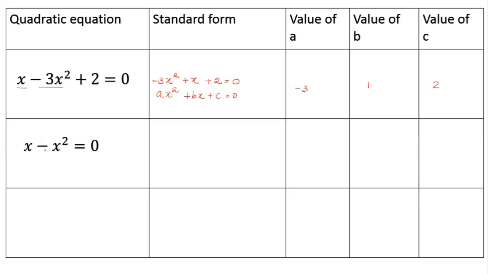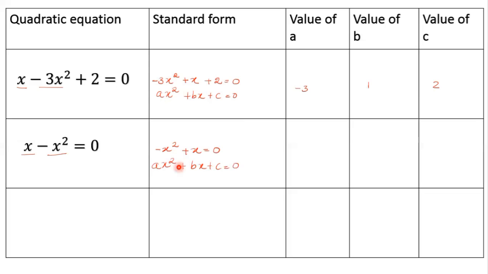Now take another equation. x minus x square is equal to 0 is a quadratic equation. Now write in the standard form, that is minus x square should be written first, then plus x is equal to 0. Now compare with the standard form, ax square plus bx plus c is equal to 0.